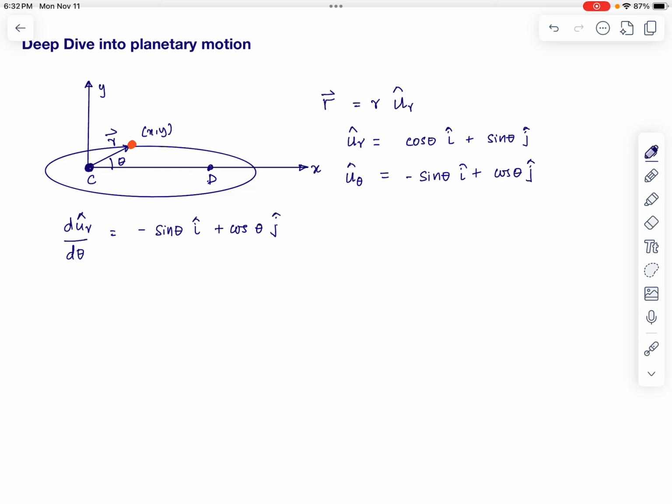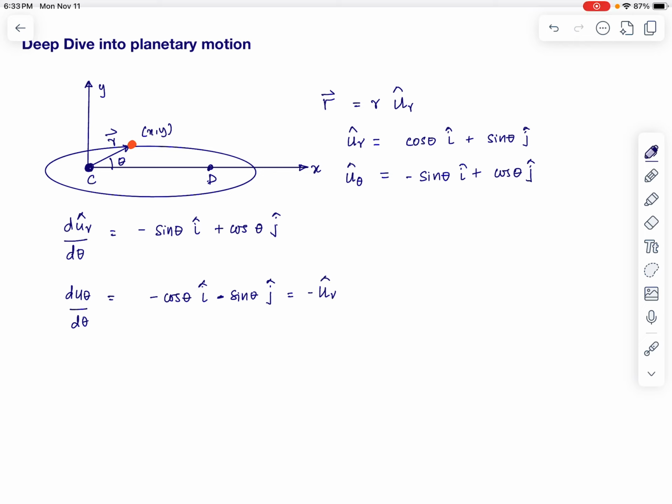And du theta divided by d theta equals minus cosine theta i hat minus sine theta j hat. We see that this actually equals negative of ur. That's an interesting observation.